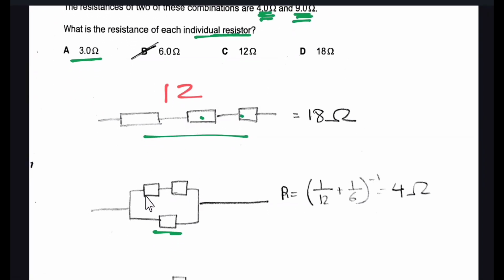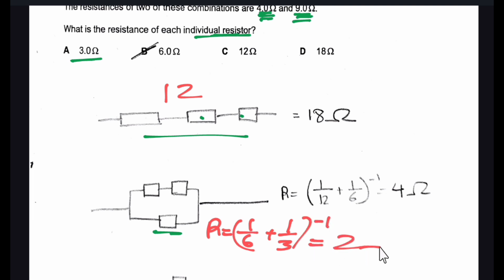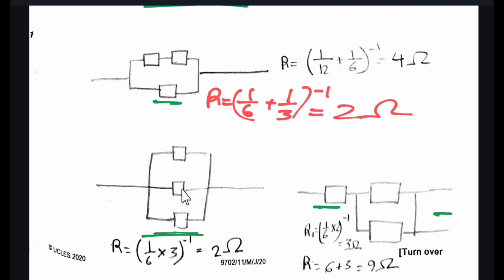Then this would be 3 plus 3, that is 6, and 6 and 3, that is R is equal to 1 by 6 plus 1 by 3 to the power inverse, so it would be 2 ohm. Then for this arrangement, if we take the resistance as 3, the overall resistance comes to be 1 ohm.